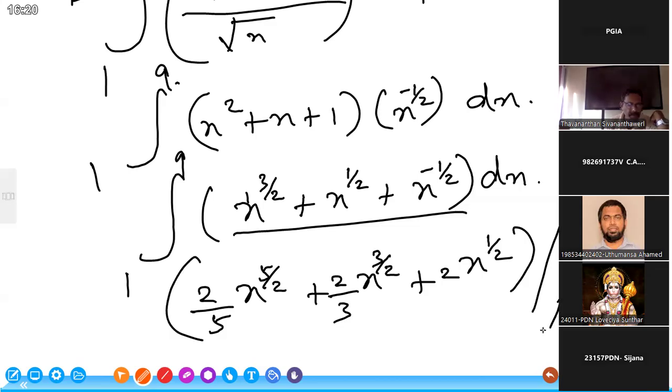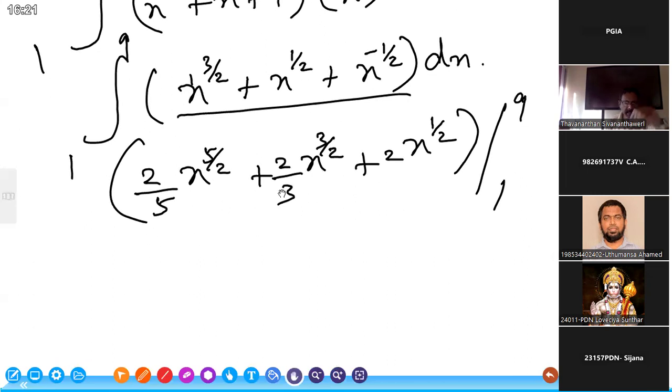Now we substitute those values and get the final answer.